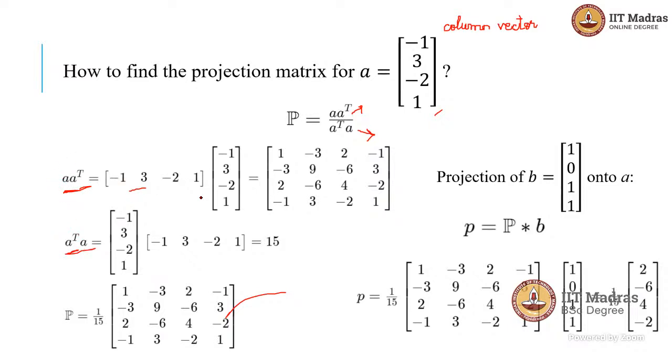Because if you do that, then in the denominator you will get a matrix. You understand, right? This is a 1 cross 4, and this is 4 cross 1, so the product is 1 cross 1. But this should be 8. Yeah, thanks for pointing that out.